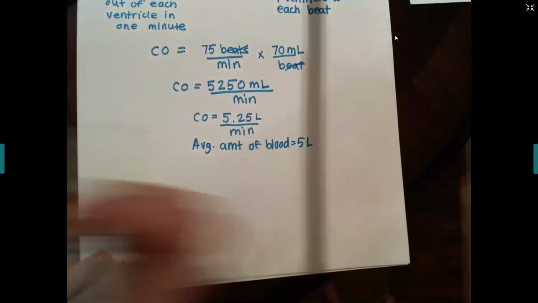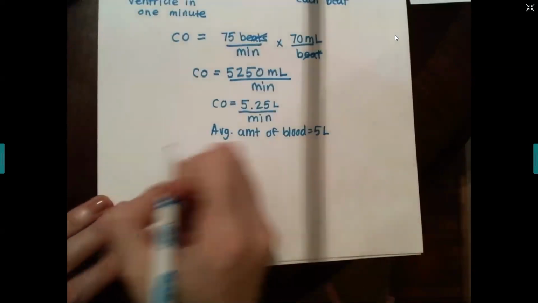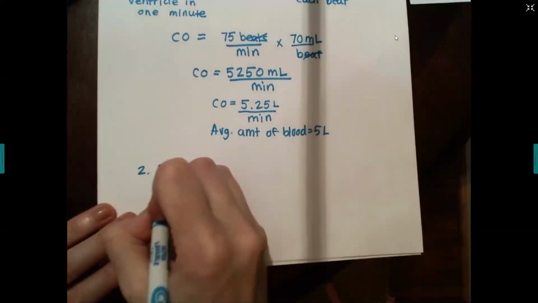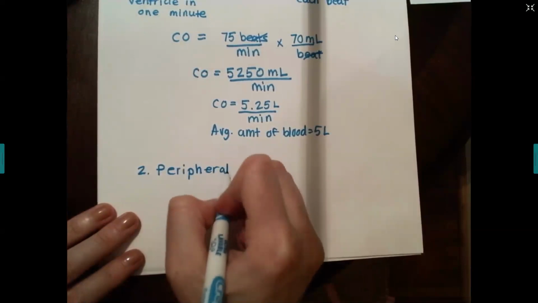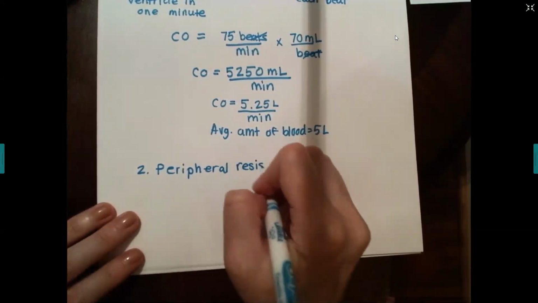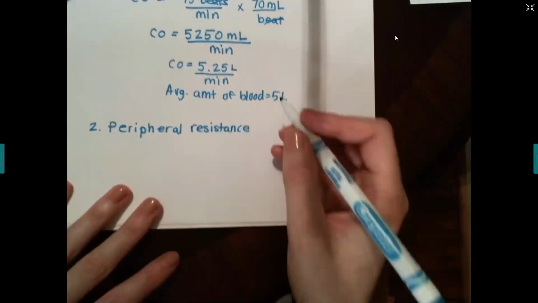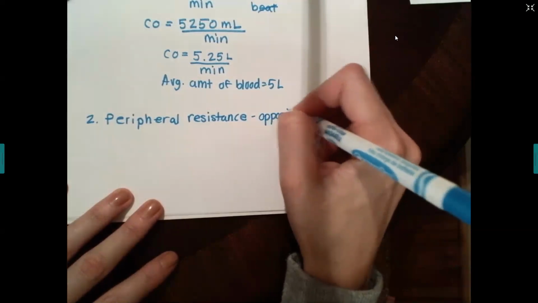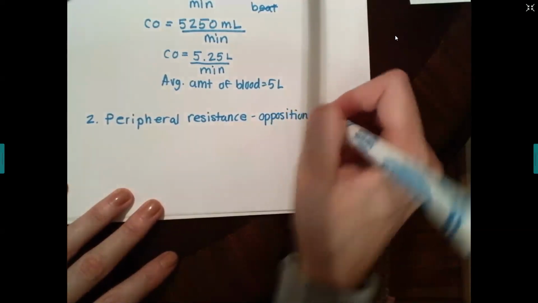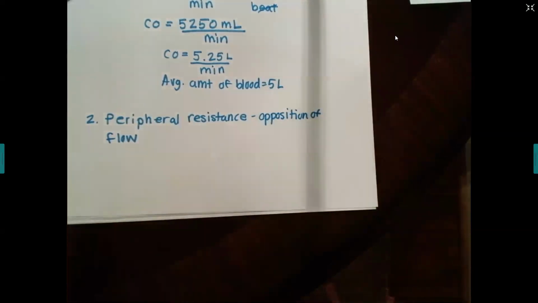Another thing that can influence your arterial blood pressure is peripheral resistance. And peripheral resistance is an opposition of flow. Okay, resistance in my mind is slow to flow.